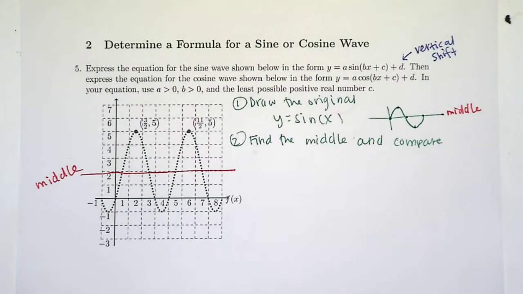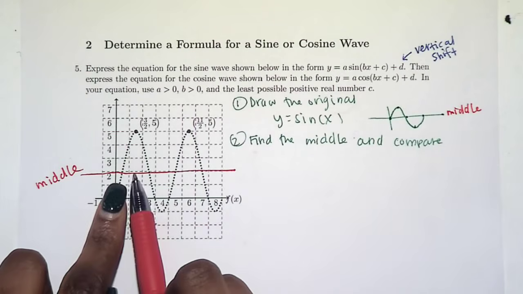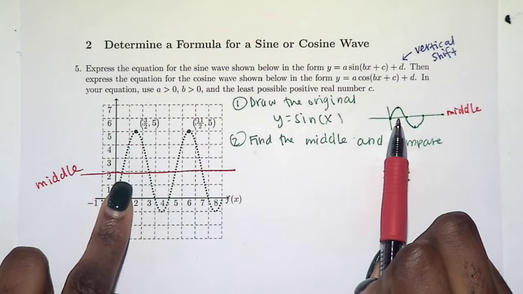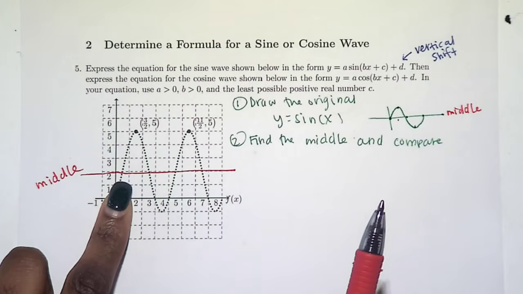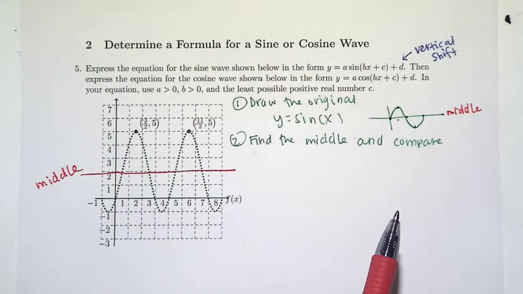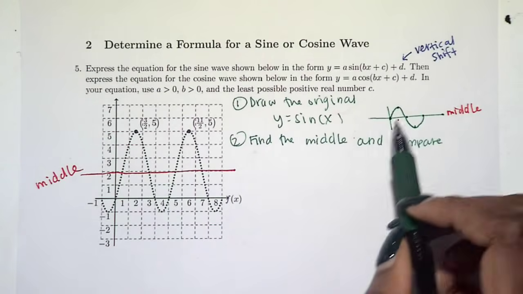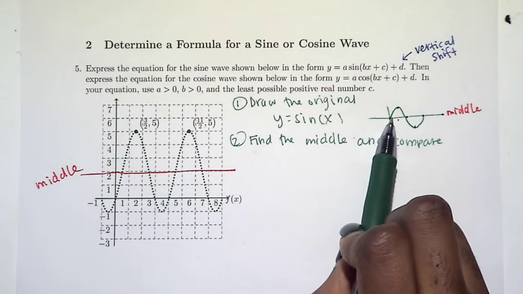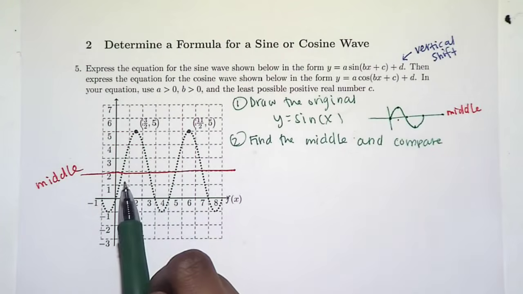Okay, and so now what we want to do is compare what's happening here with what's happening here. So we basically want to figure out what's one cycle, what's going to be our starting point and our ending point. So sine originally starts at 0, 0, so it starts down at the middle. So we want to find the place where our new graph starts at the middle. So here is an option.